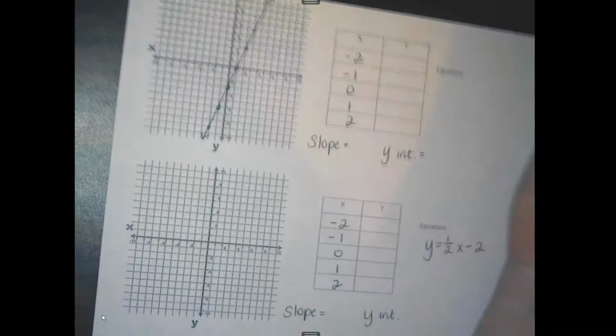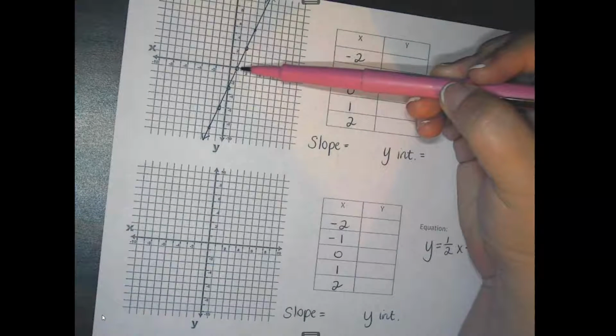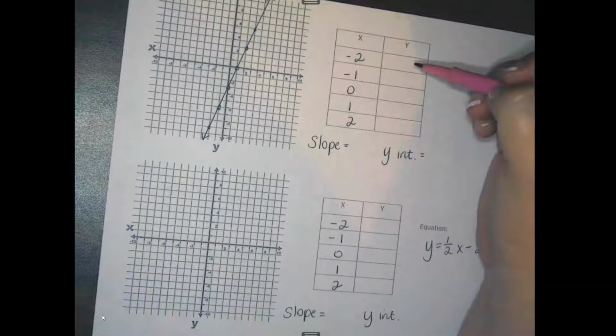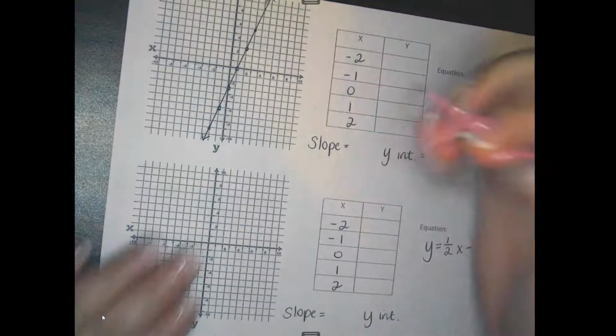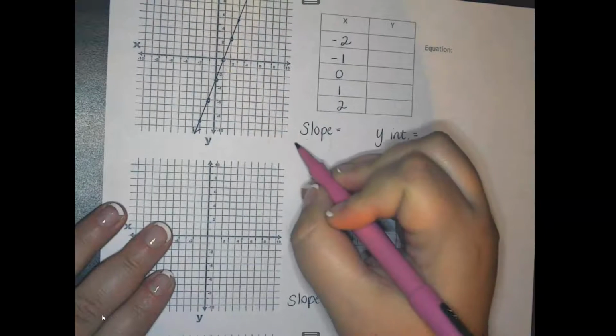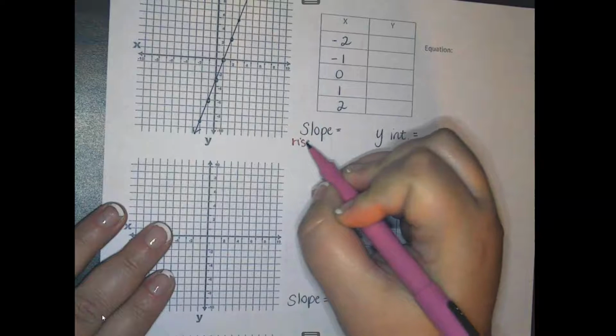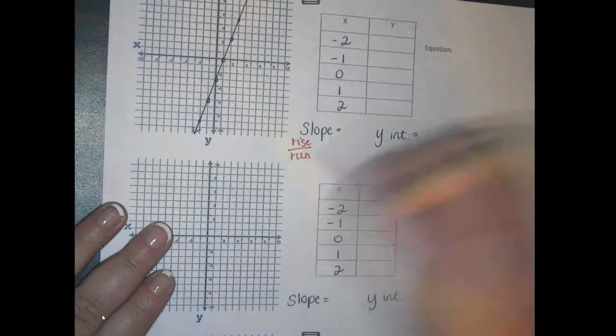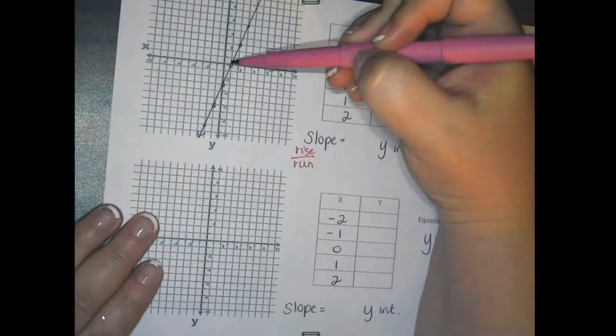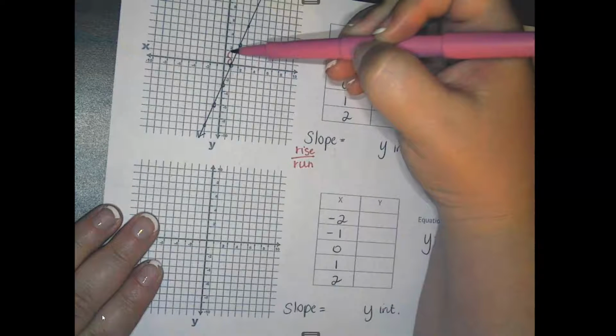Okay, so if we look at this one, we are given the graph. From there, we're going to see if we can find our slope. To find the slope from a graph, we're going to do rise over run. So I'm going to pick 2 points, any 2 points. We learned this yesterday. I'm going to see how much it rose. 1, 2, 3.